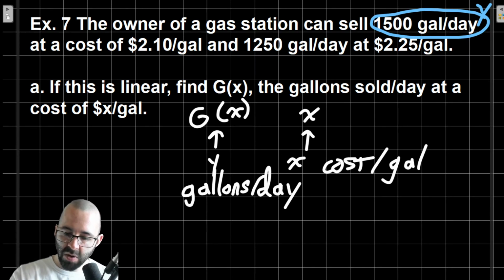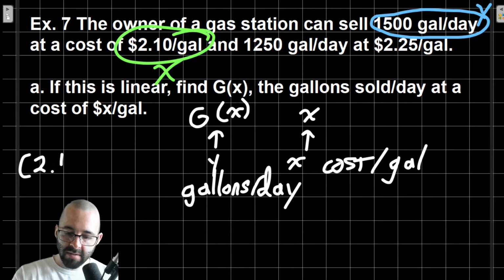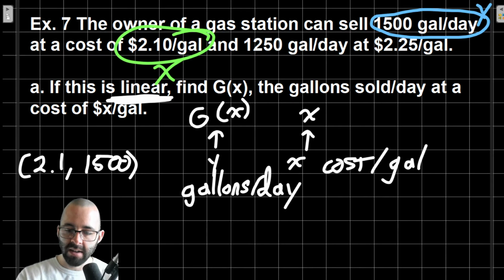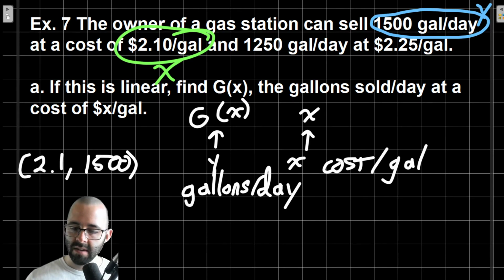Okay, that's going to be the corresponding x value. So we already have a point. X is 2.1, and y is 1,500. That is 1 point on this line. And we know we're looking for a line because it says linear right here. And linear just means line.